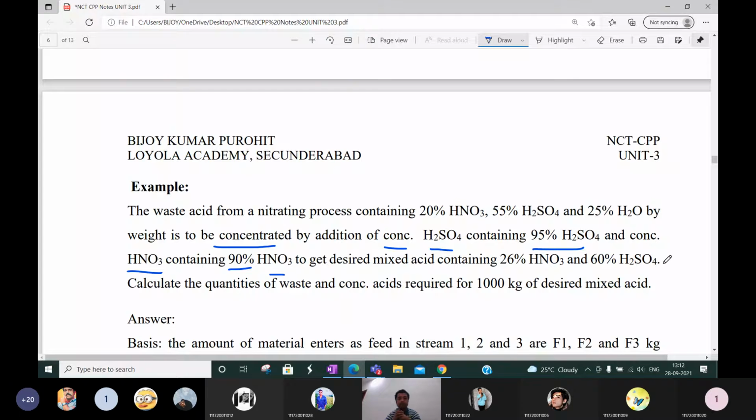So we have to concentrate it. How? We have to add concentrated H2SO4, the commercial one having 95% H2SO4, and concentrated HNO3 having 90% HNO3, to get a desired mixture acid containing 26% HNO3 and 60% H2SO4. Okay, so let me draw it.